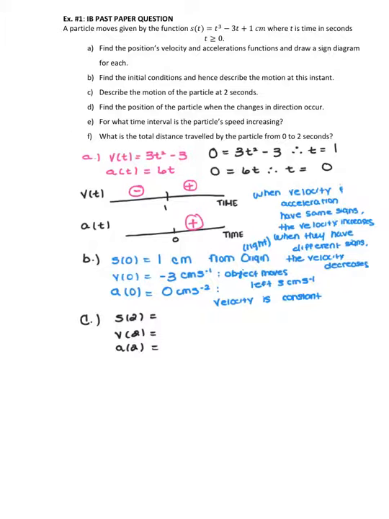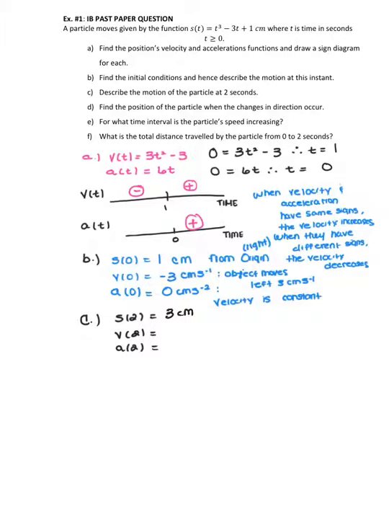What is S of 2? 3. Which means what in the context of this problem? What does that mean? Your object is where? To the right of the origin, right? 3 centimeters to the right of the origin.